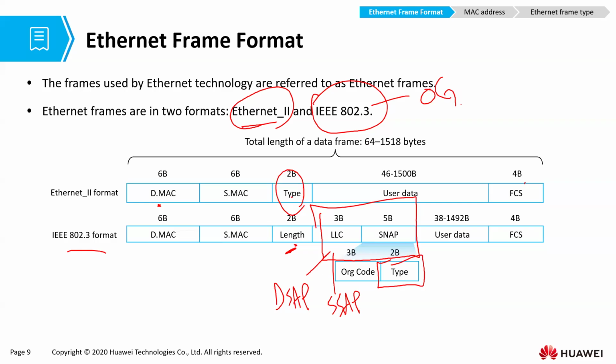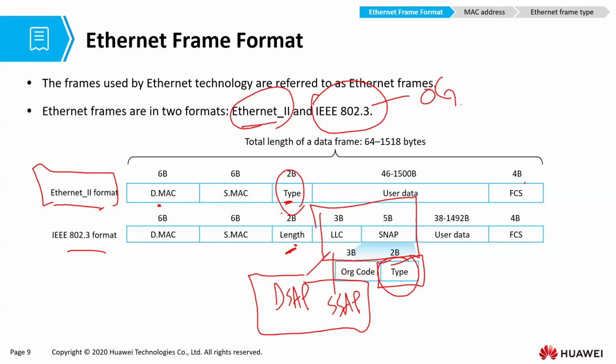The difference between those two with the latest technology is just a simplification. We no longer have the LLC field specified, only taking note of the type soon after our source MAC address.